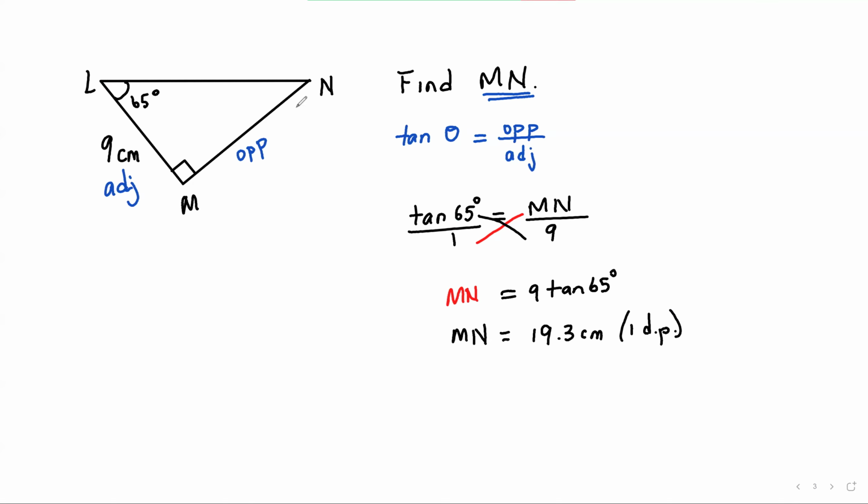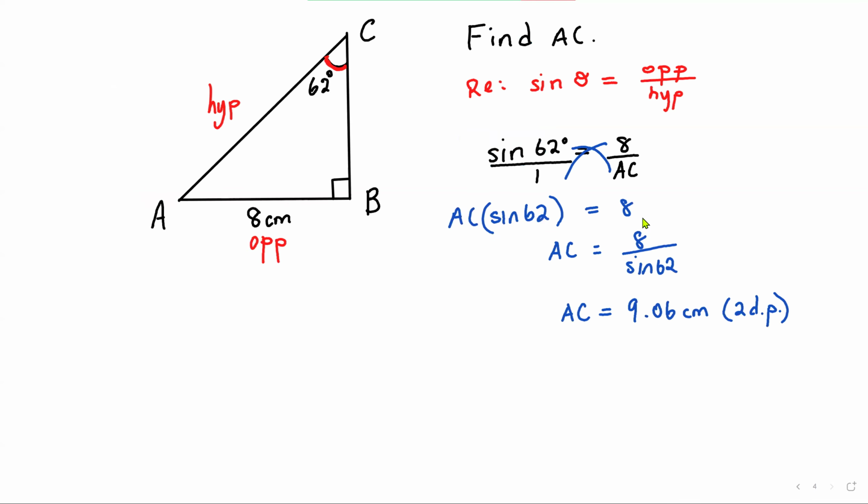When you are finding a side and the unknown side is in the numerator of the ratio, like here, where the side we're trying to find is on top, I would multiply the known side by the sine, cos, or tan of the angle. However, when the unknown side is in the denominator, you divide the known side by the sine, cos, or tan of the angle. Some people remember it like that.